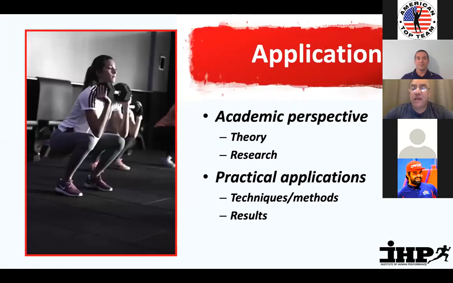All right, we have to look at the application now. The academic perspective is very unique. We study anatomy, we study biomechanics, but normally the anatomy and the biomechanics that are studied are that of a cadaver, because that's how anatomy first gets described. And Gary Gray said something very interesting: when the foot hits the ground, everything changes. So for example, in a cadaver laying down, you stimulate the bicep, the elbow flexes.